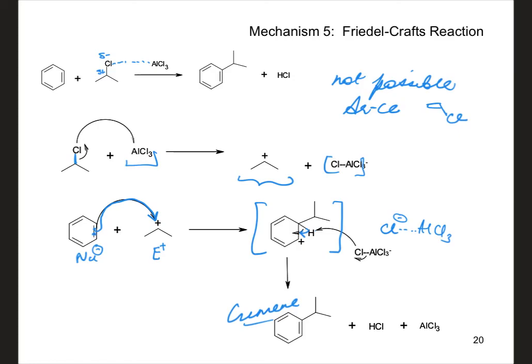Yeah, please run that in the hood, because you are generating HCl. You don't want to inhale that. That is going to give you a burning sensation. So yes, whenever we have the Friedel-Crafts reaction, you would want to run that in a hood.